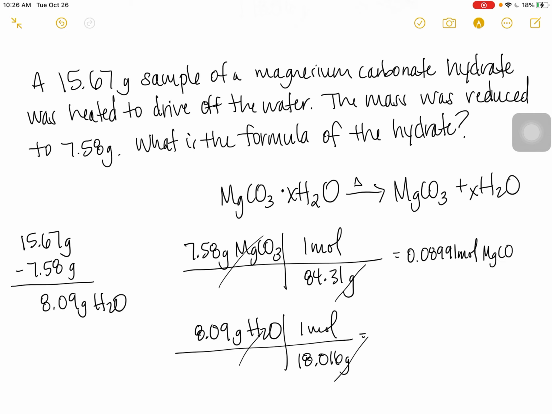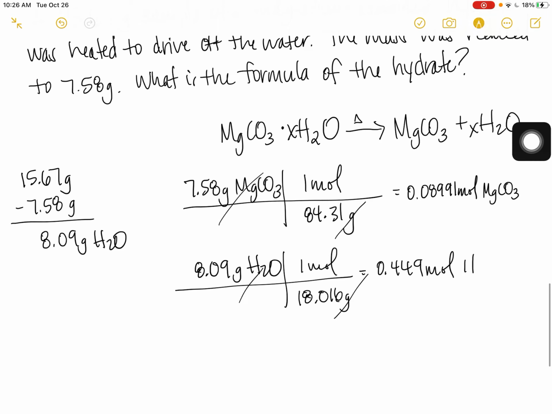And that's my moles of the anhydrate. And my moles of the water. Significantly larger, okay, than the moles of the anhydrate. Keep that in mind. Remember, X could be 1, which means that the moles of these two would be equal. But other than that, the moles of the water always have to be larger, right? Because X is going to be a multiple, 2, 3, 4, 5, so it's going to be bigger than the moles of your anhydrate. So keep that in mind to look for a mistake.